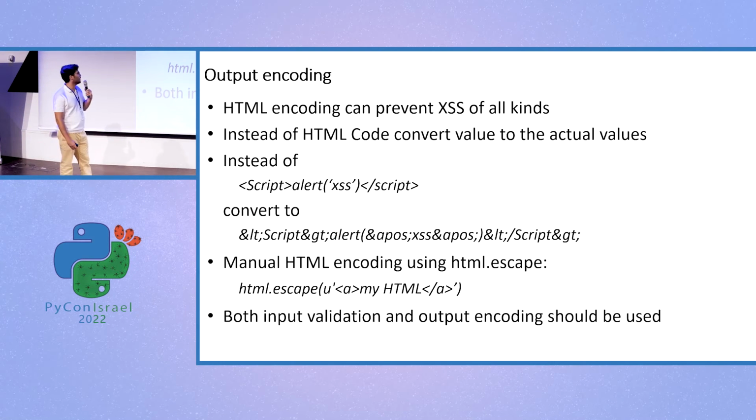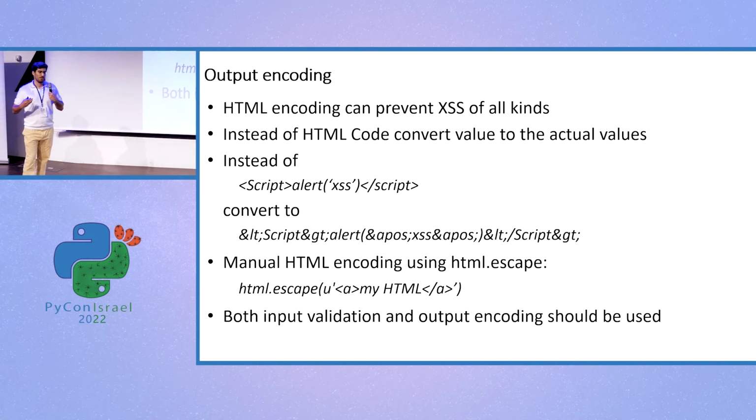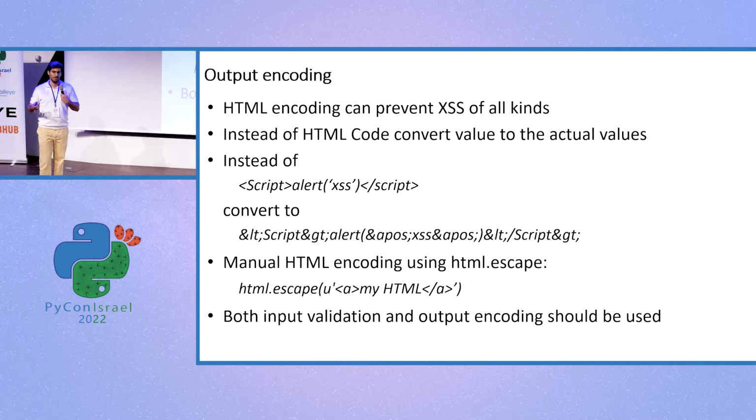If you want to use HTML encoding to prevent XSS, as you should, most frameworks like Django templates and Jinja have that built in. If you want to do it manually for some reason, then Django has a built-in HTML escape function.